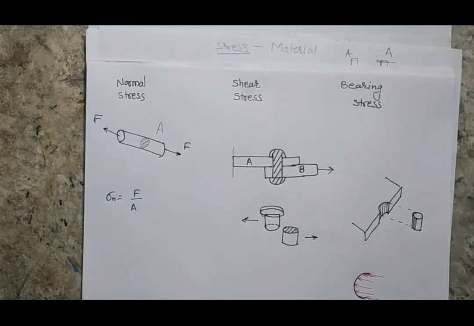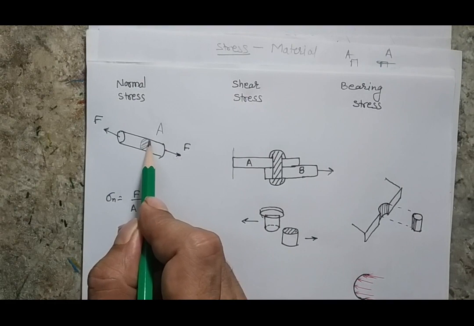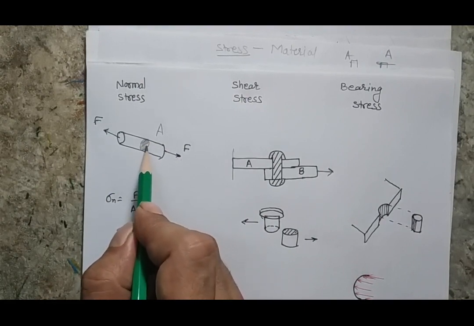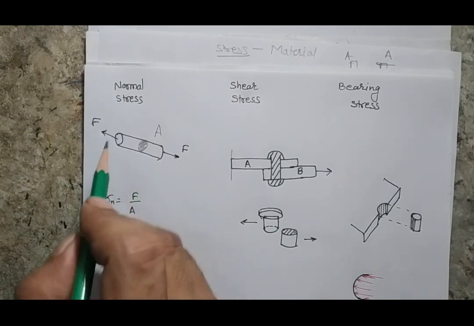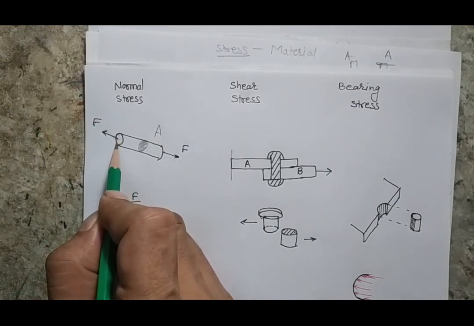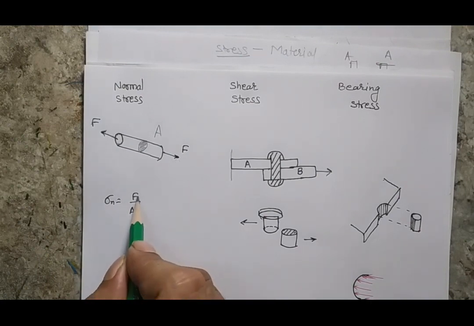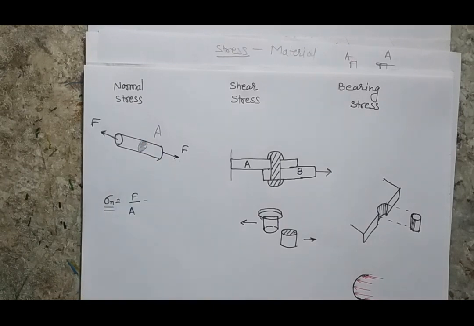If the force value goes beyond a certain condition, the section which is going to fail is this cross section. That means the cross section which is giving resistance against the external load is normal to the load. So the force is acting normal to the surface which is going to fail, and the stress generated in the body is defined by the normal force divided by the cross section area. Such stresses are known as normal stress.